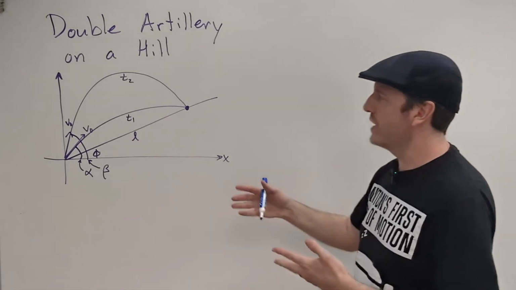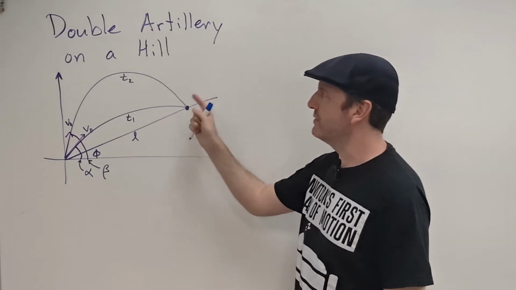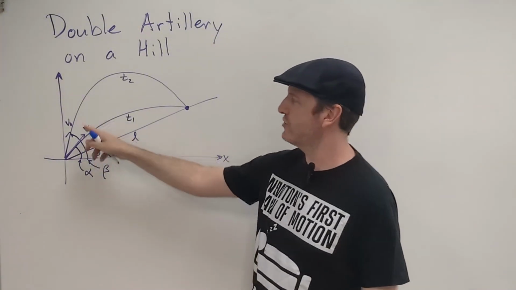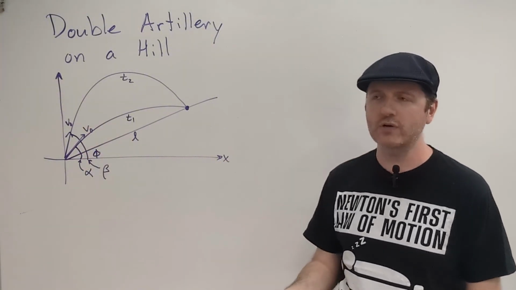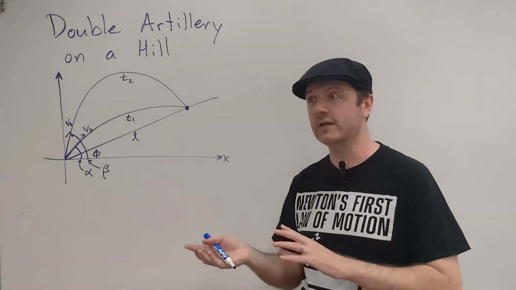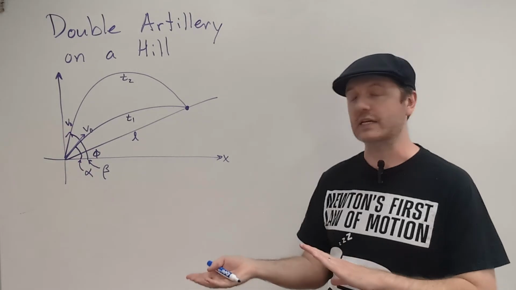So what do we want to do here? Well, we want to write down our general trajectory equations for both of these. I'll leave t generic at first, and I'll have a generic launch angle theta also, and then we'll have two copies: one for theta equals alpha and t1, one for theta equals beta with t2.